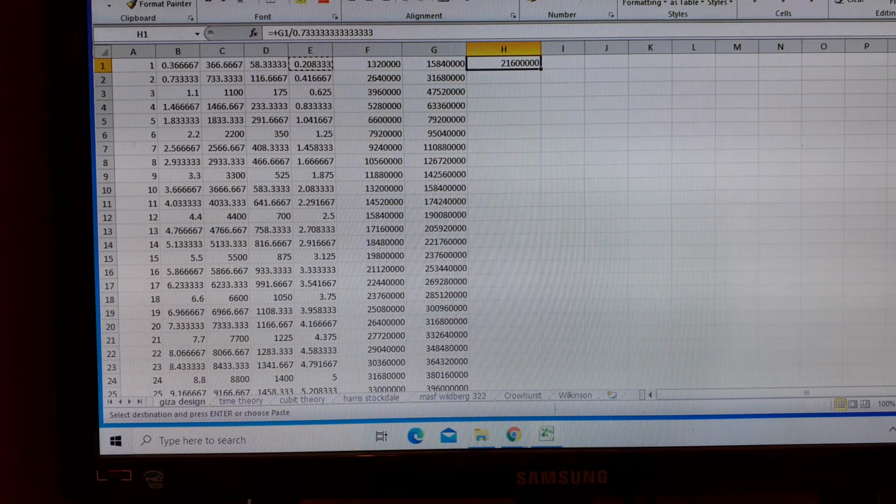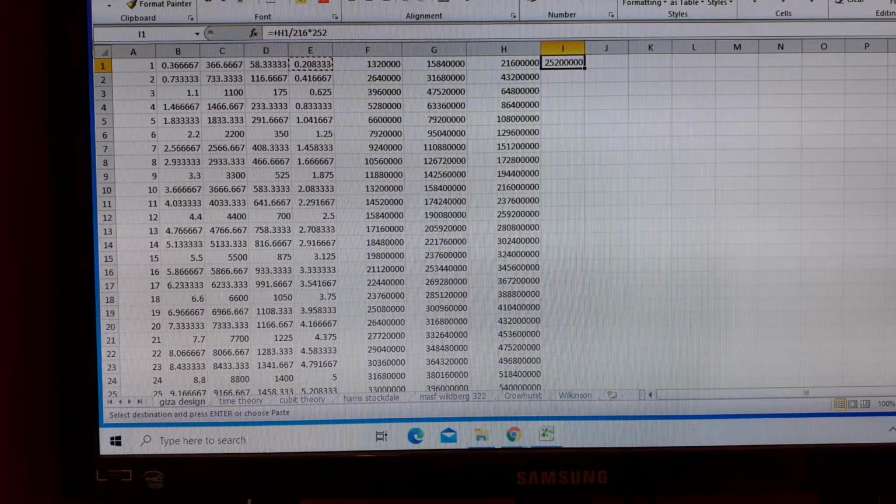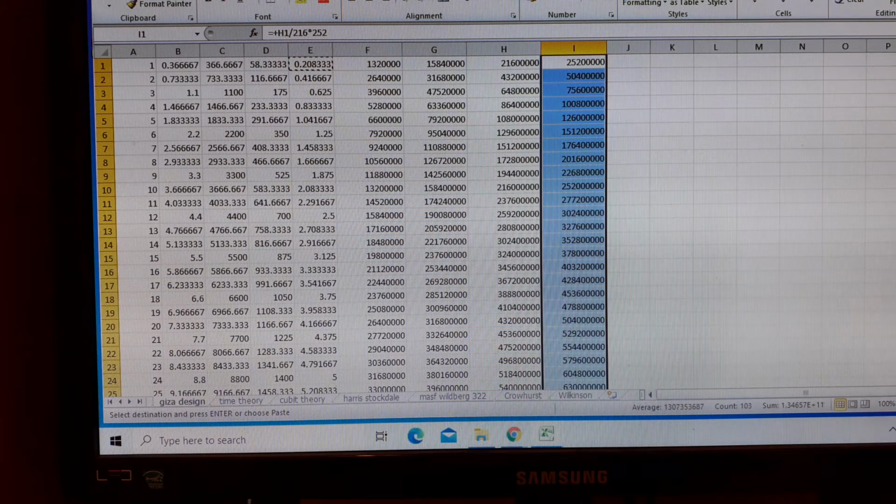And we get that number. The column's completed. Go again. And we got this 252 number that everybody knows the ancients used to work out the circumference of the Earth. So we complete that column, and that's the whole thing completed.